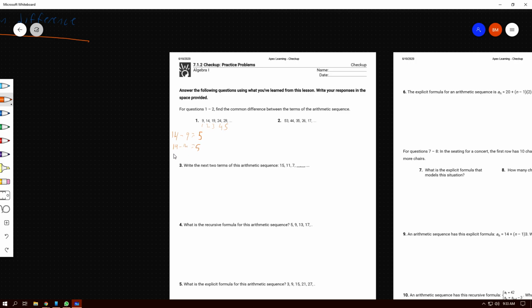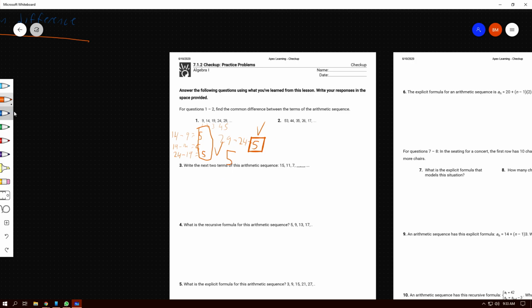I'm going to do 4 minus 3, and that's 5. You notice how I'm talking in terms of the location in the sequence. So I'm doing 5 minus 4, meaning the fifth term 29 minus the fourth term 24. I got common differences of 5 in all of them. So check mark, my common difference is 5.